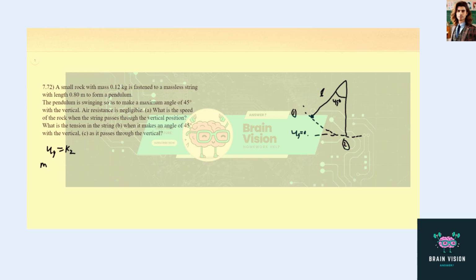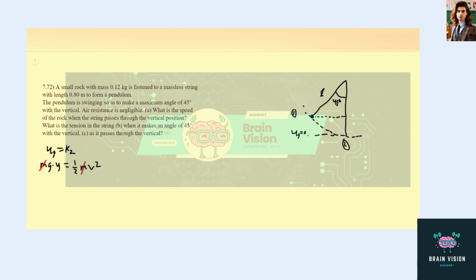So we have mg times some height, I'll write as y, and that's going to be equal to 1/2 mass times velocity squared. I'll immediately cancel out the mass, but what we need to find is y in order to find what our speed is at the bottom. We need a little geometry here.